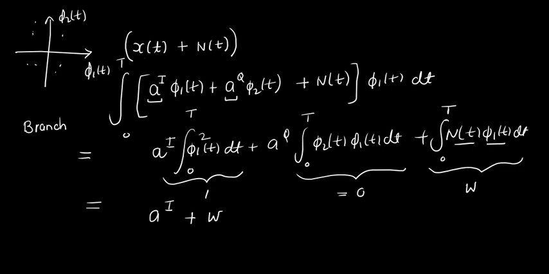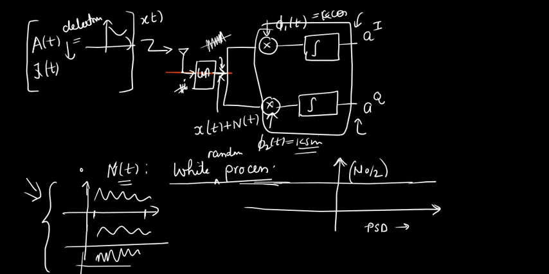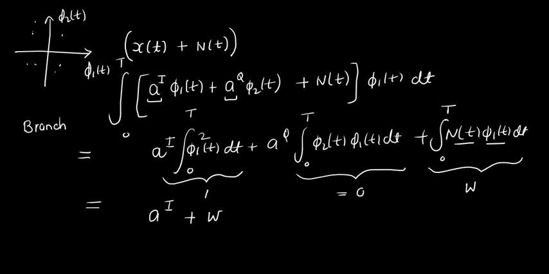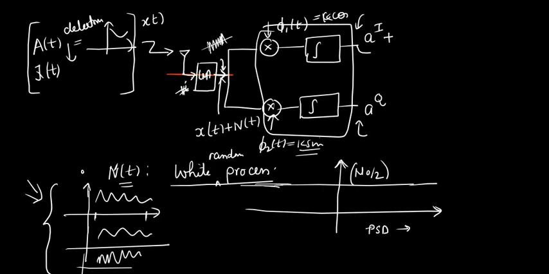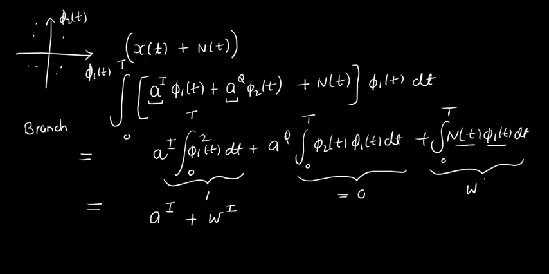So at the output here, what will you get? You can also call it y_i, a_i plus w_i, and here you will get a_q plus w_q. But what do you know about w_i and w_q? You just know that this is a white process with power spectral density N0 by 2, right?